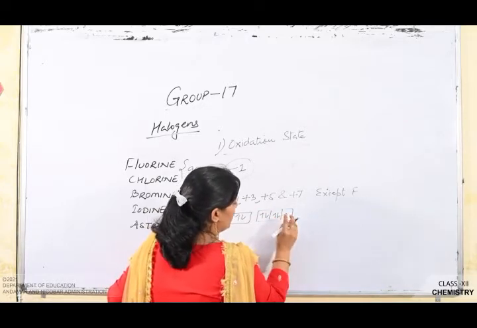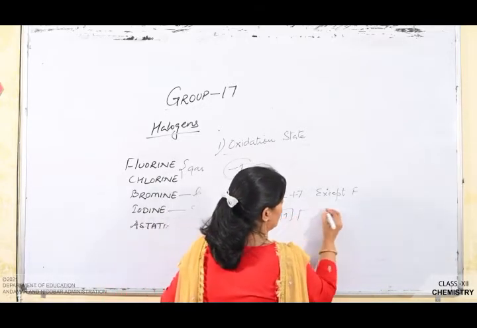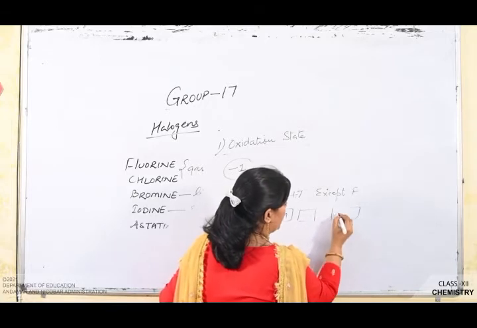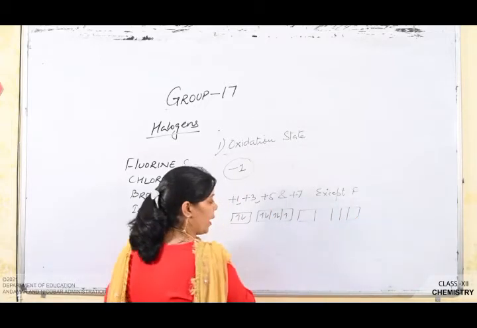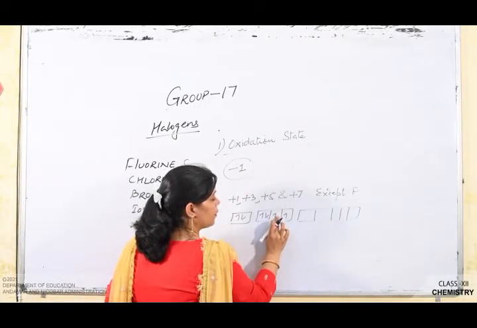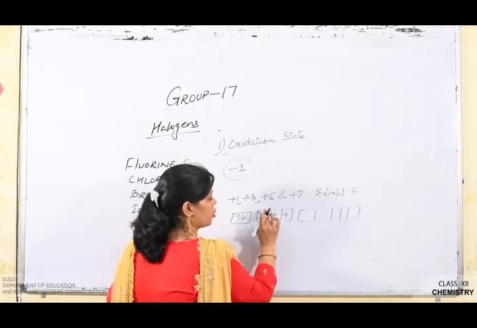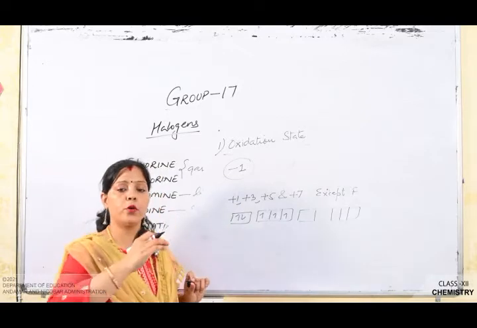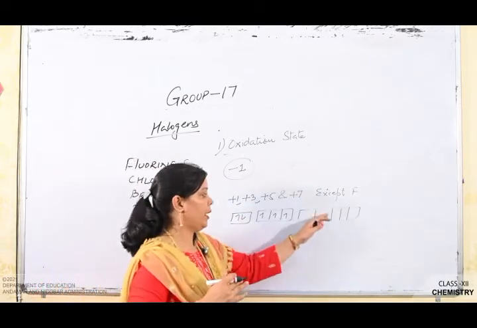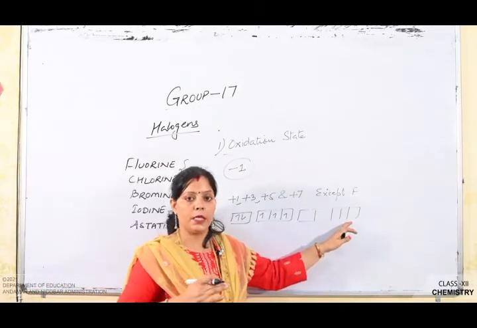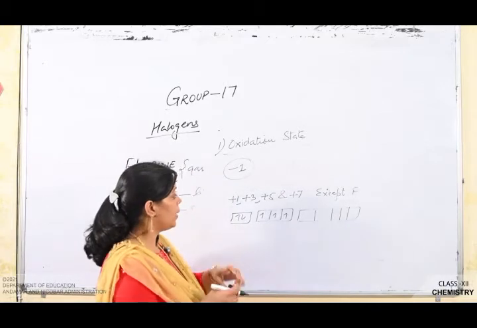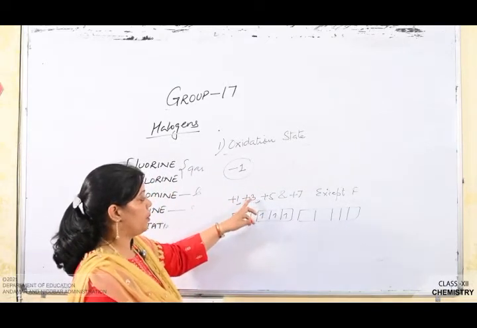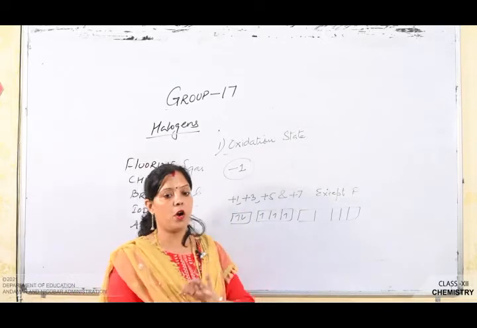Here one electron is unpaired in the p subshell, whereas in the higher elements the d subshell is vacant, so the electron of this orbital may be shifted to this orbital. So due to the gradual promotion of the np electrons to nd orbitals, that's why the other elements of group 17 show the +3, +5 and +7 oxidation states.